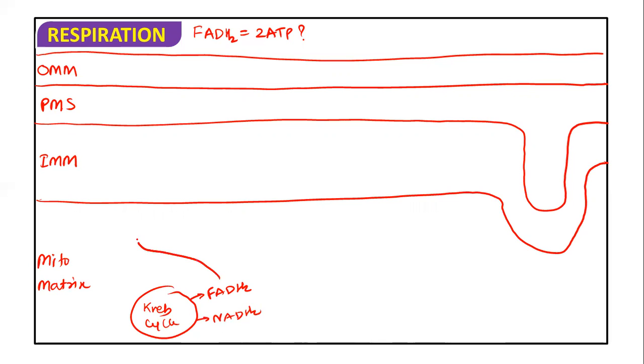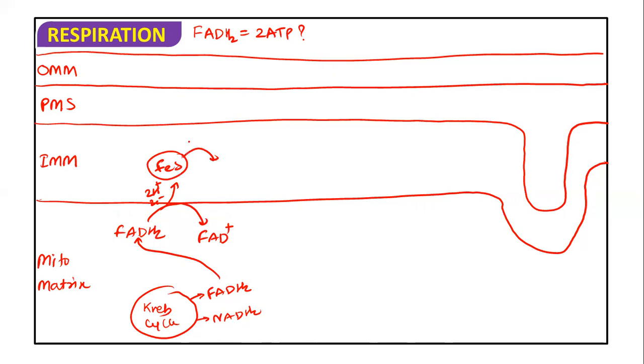Now when FADH2 undergoes breakdown, FADH2 breaks into FAD plus, and it gives its electrons to iron sulfur protein. 2H plus and 2 electrons are given to iron sulfur protein.